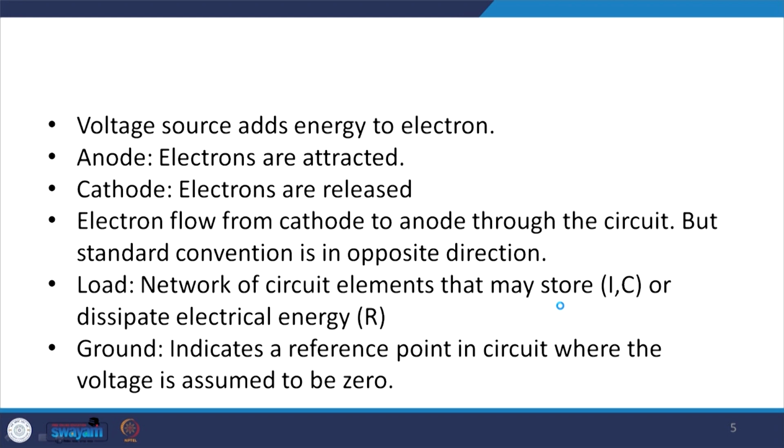Now, as I said, these voltage sources add energy to the electrons, and at the anode electrons are attracted and at the cathode electrons are released. These are all basic preliminaries which you study in the case of cells also. So, we will just be going through these.